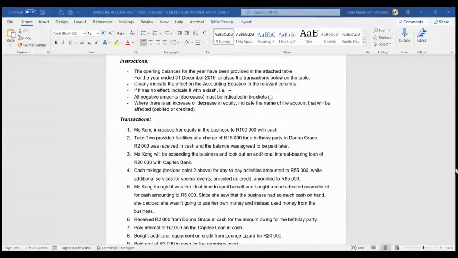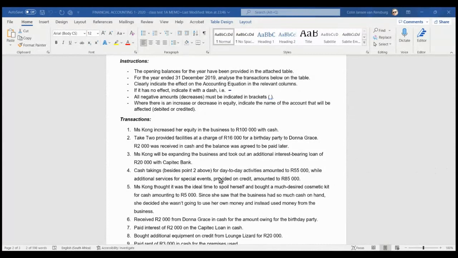So it has to increase. Or if you look at it from the accounting equation perspective, if your assets have increased and your equity has remained the same, it means your liabilities will have to increase. And that will then also increase by 20,000 rands.